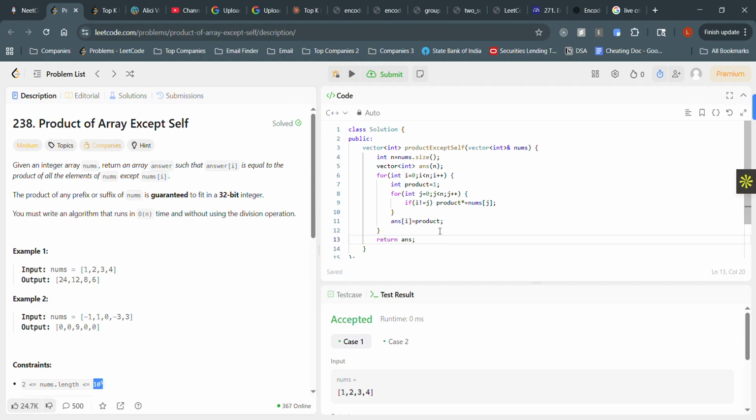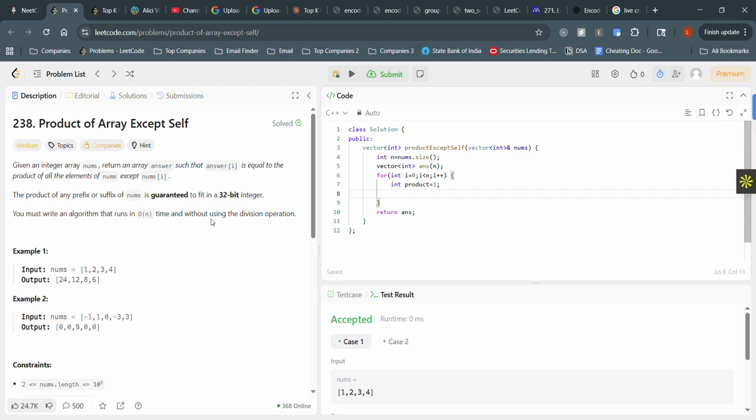Another solution is that you can multiply all the elements like this, and the difference is that you multiply everything but then later divide it by the number itself.